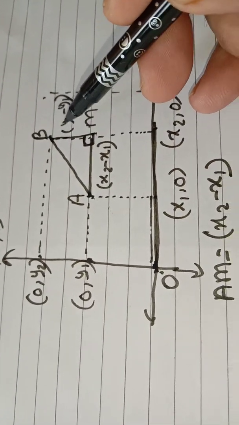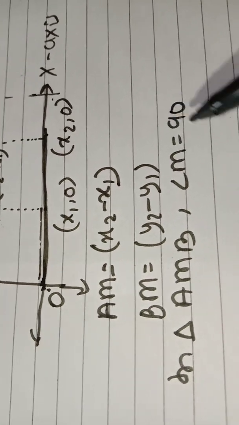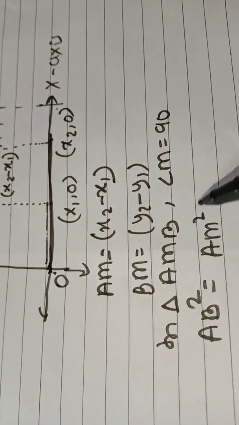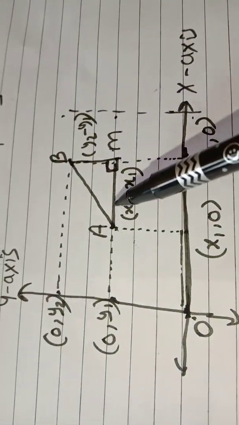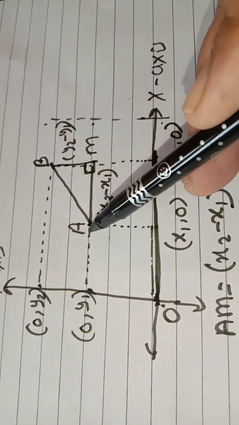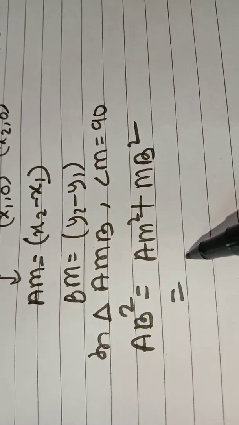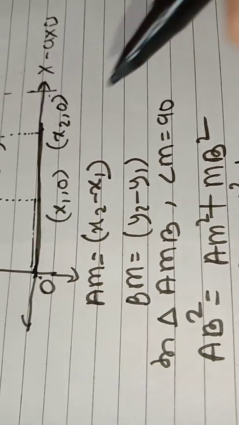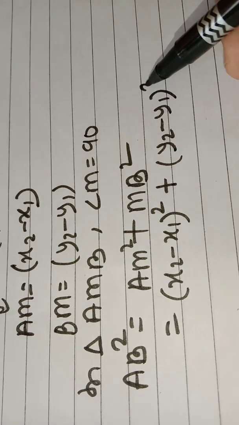Now in triangle AMB, can you see AMB here? It represents what? A right angle. So angle M is 90. So applying Pythagoras theorem, we have AB square is equal to AM square plus MB square. Now what is the value of AM square? It is x2 minus x1 whole square plus MB is y2 minus y1 whole square.